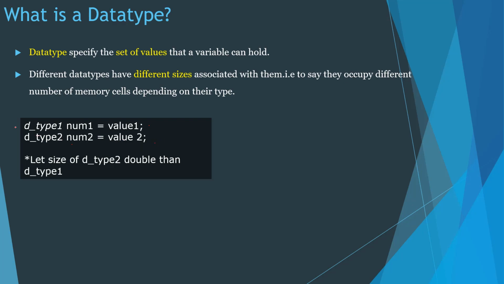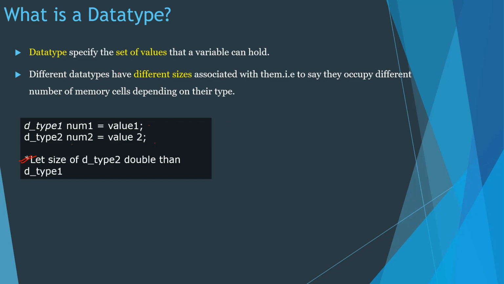I don't care what these data types and values are, but the main thing to focus on here is that the size of data type 2 is double the size of data type 1. So value 2 will occupy double the size of value 1, because the size of data type 2 is double that of data type 1.